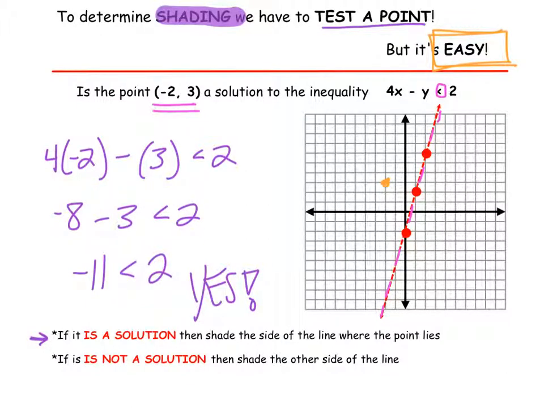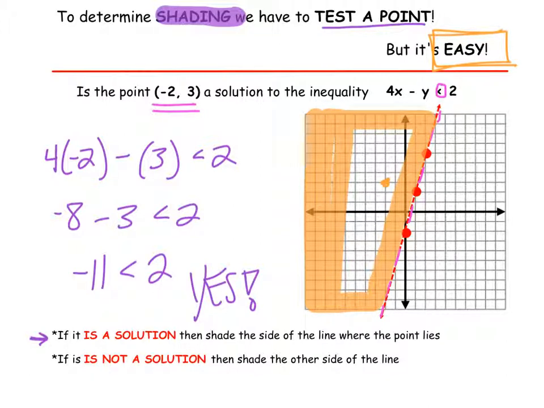So my point was -2, 3, and it's on the left-hand side, and so that is the side that I'm going to shade. That entire side gets shaded in because everything in orange now is technically a solution.